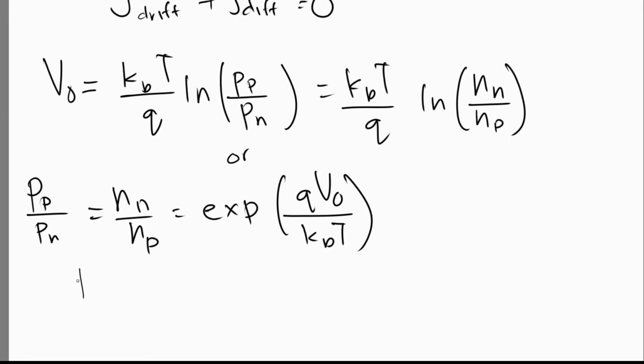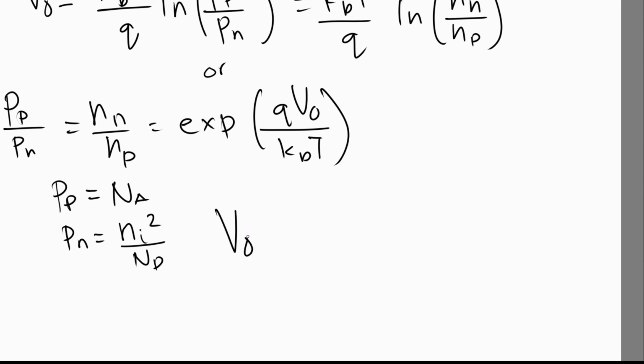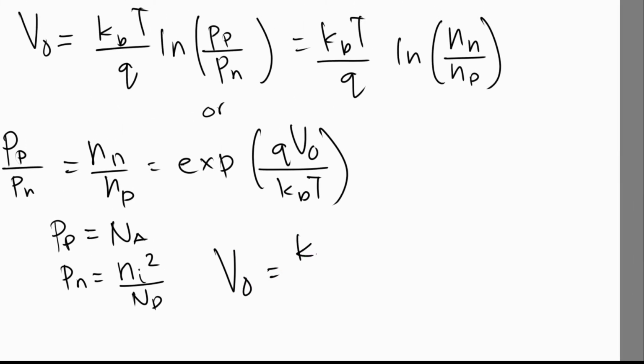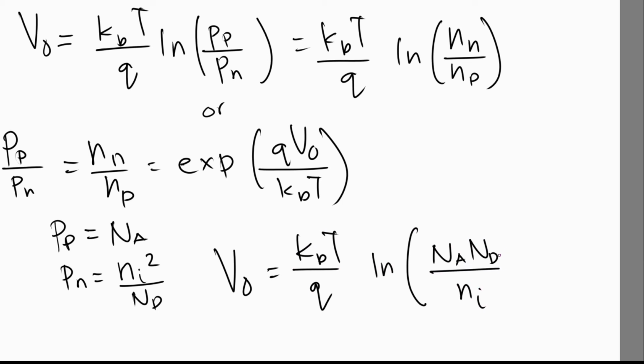We know that p_p is equal to N_A, and p_n, our minority charge carriers, is equal to n_i squared over N_D. You can get V naught is equal to k_B T over q times ln of N_A N_D over n_i squared.